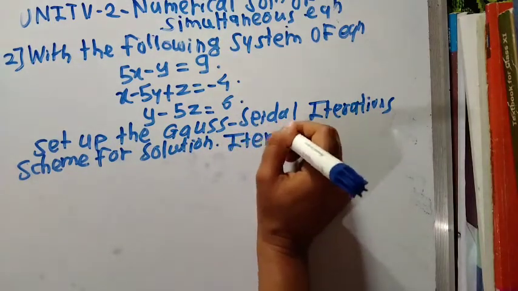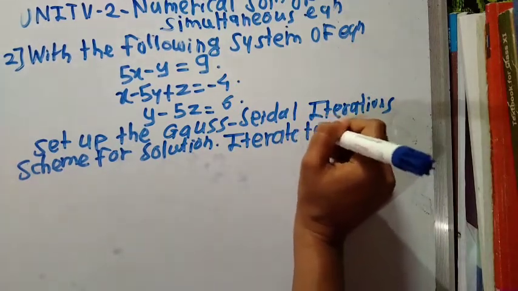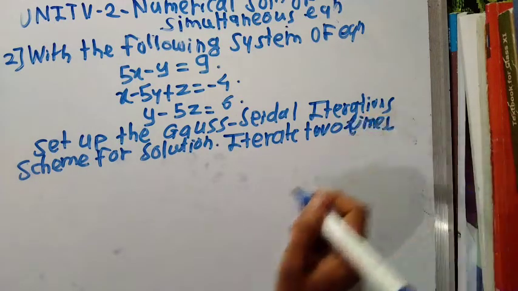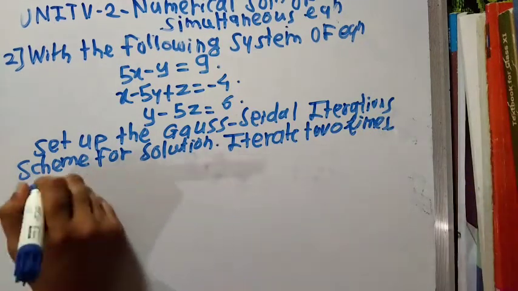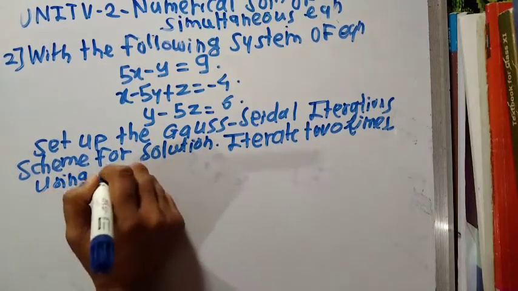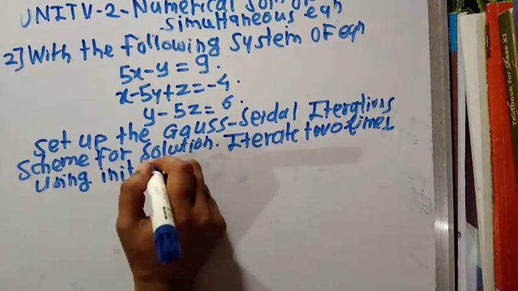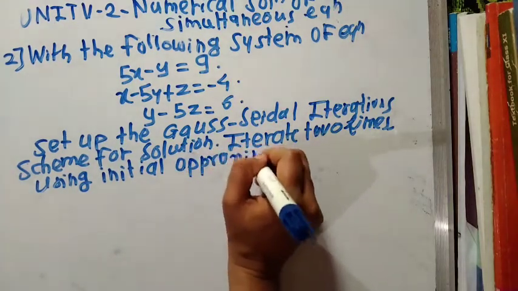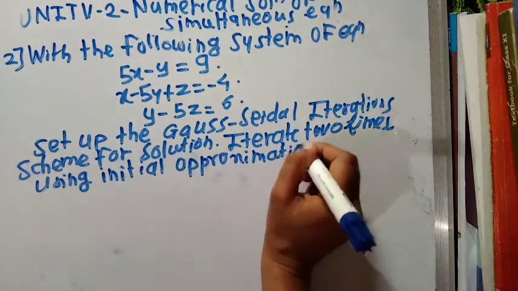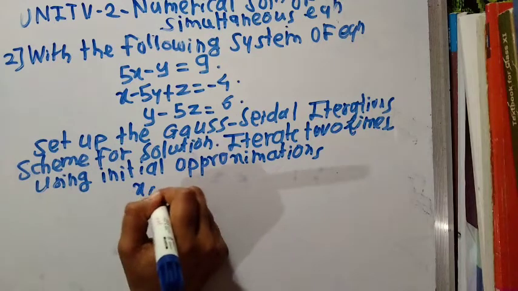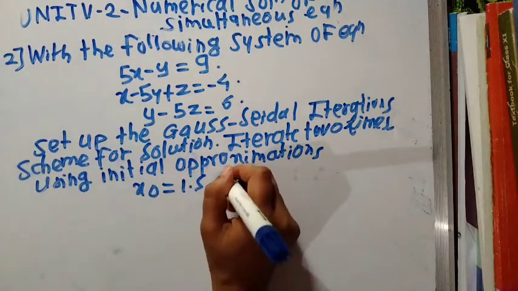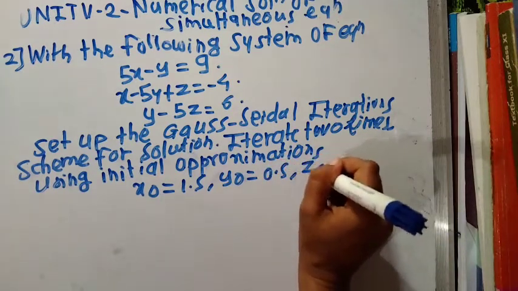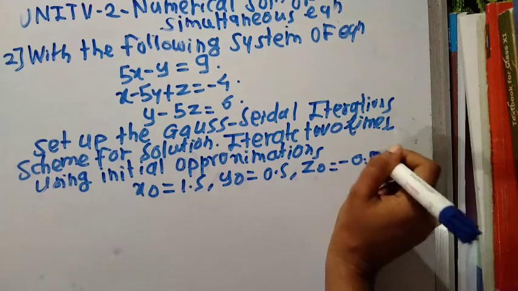Iterate two times using initial approximation x0 is equal to 1.5, y0 is equal to 0.5, and z0 is equal to minus 0.5.